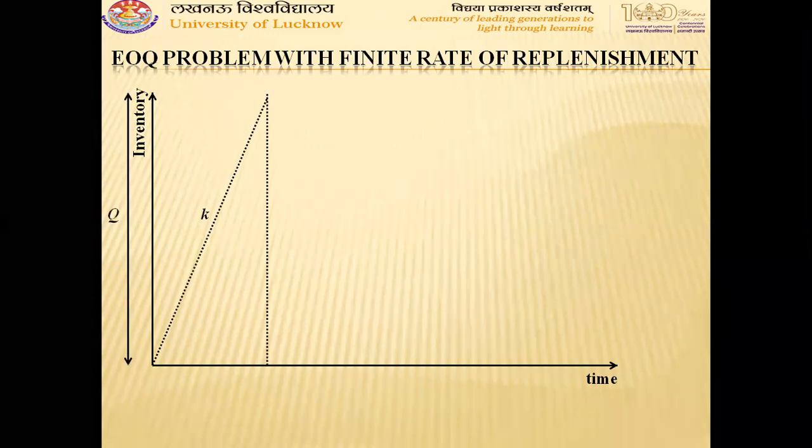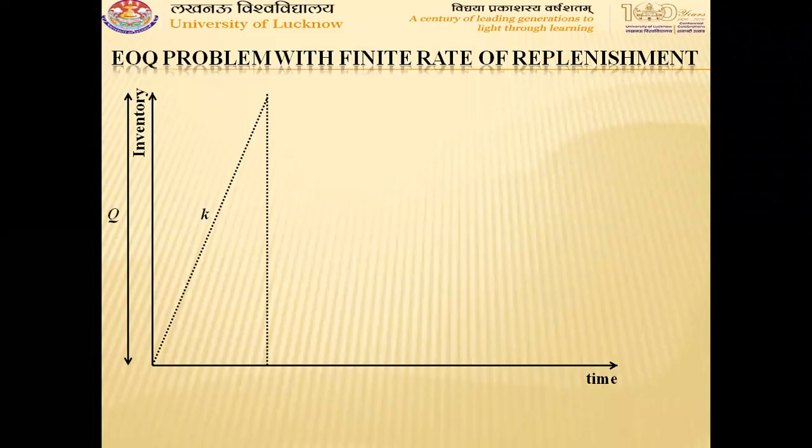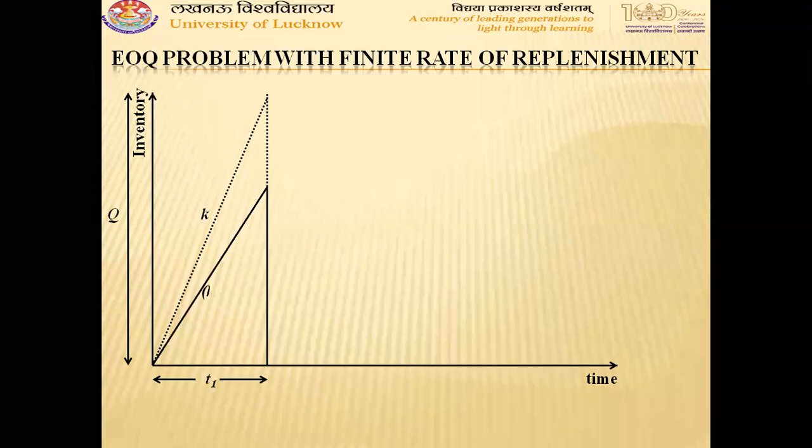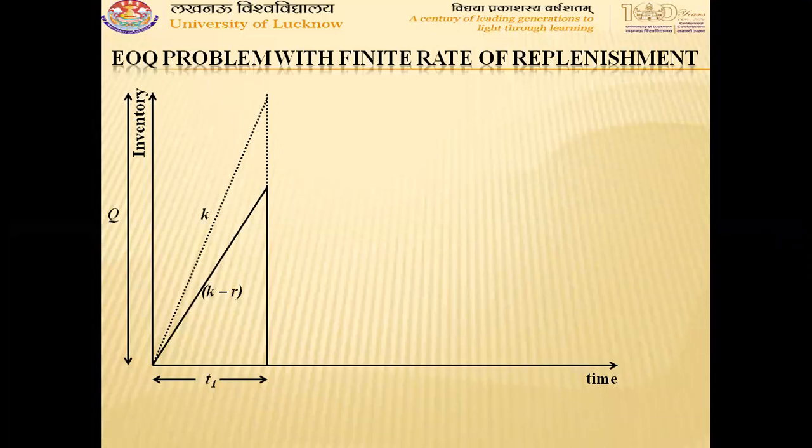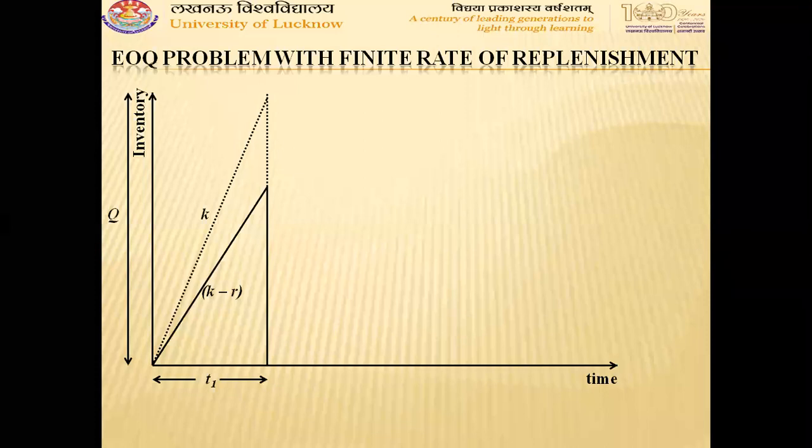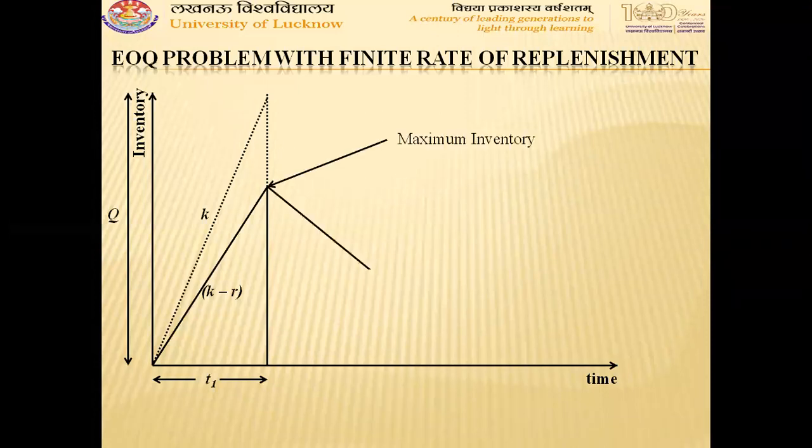Also consumption goes on with finite rate R. So inventory will build up during time T1 with rate K minus R. When all the units are produced, production stops, and consumption goes on. So inventory decreases with rate R, and at the end of time T2, inventory becomes 0.